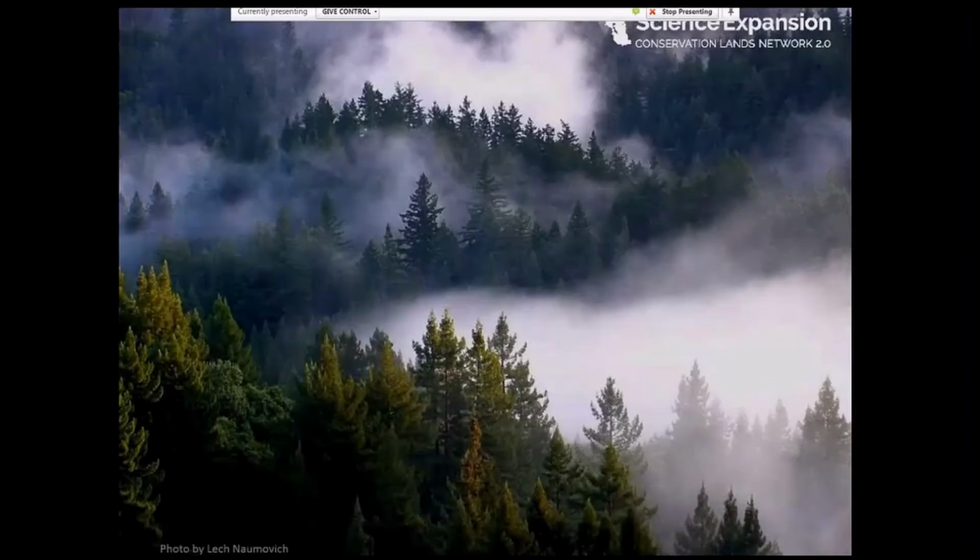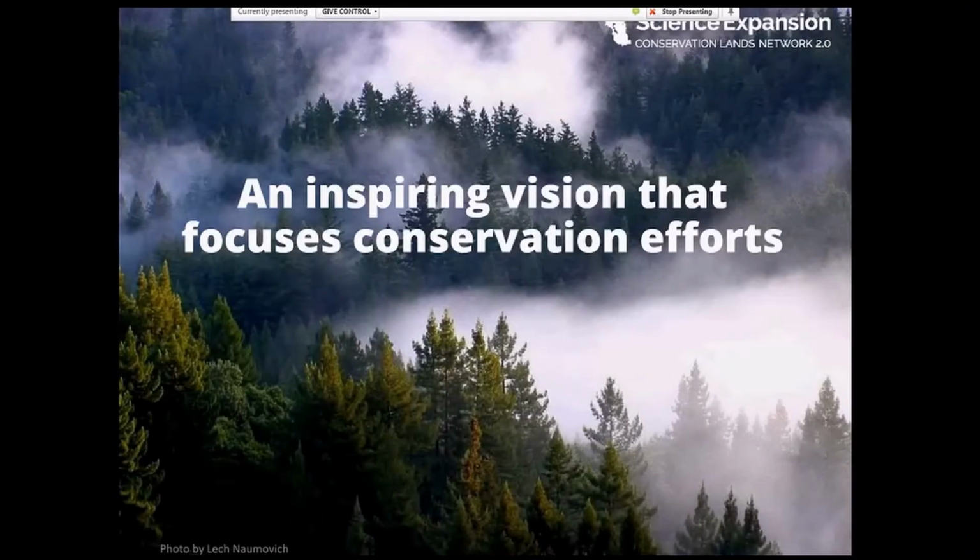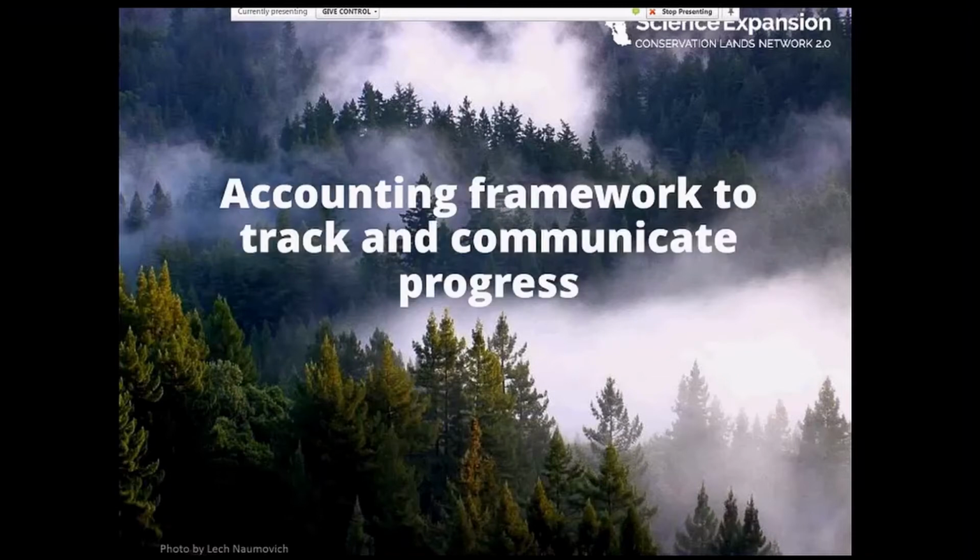And so the CLN is based on the idea that what we need is an inspiring vision that focuses the conservation efforts of the region, where all the land trusts and open space districts and park departments and water districts and so many other organizations, RCDs, are all rowing in the same direction and working toward the same vision. But what we also need is an accounting framework to track and communicate our progress over time.